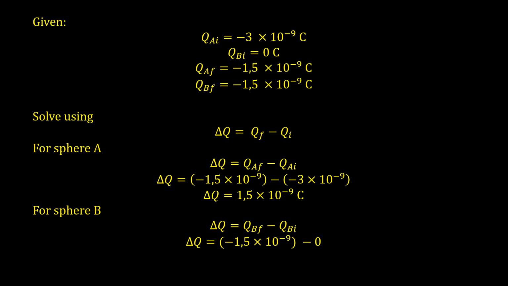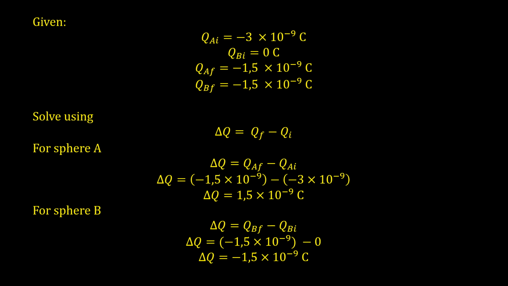The initial charge was that sphere B was uncharged in the beginning. It had 0 coulombs, so we have minus 0. And if you put that in a calculator, voila, you get the same magnitude. The answer that you get is minus 1.5 multiplied by 10 raised to the power of minus 9 coulombs.